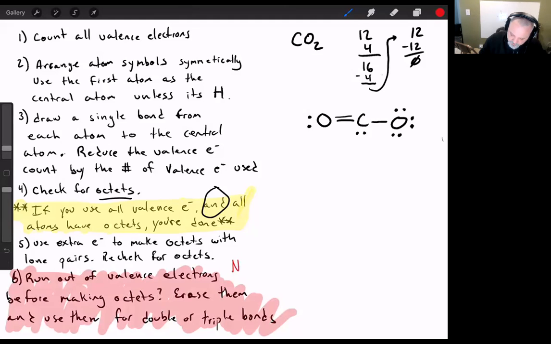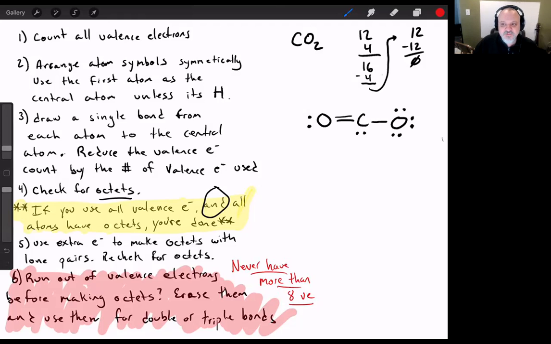We never have more than 8 valence electrons, and that's in this course. In general chemistry, we'll talk about the exceptions to that rule, but not in this course. So in this course, you never have more than 8 valence electrons, never. And so this is going to guide us in how we erase them and use them for double or triple bonds.